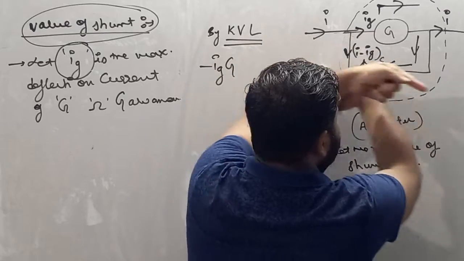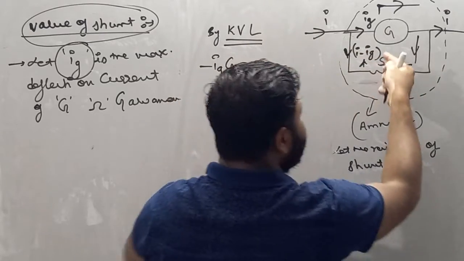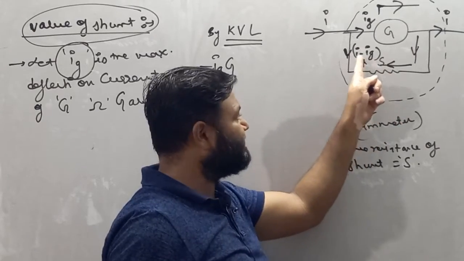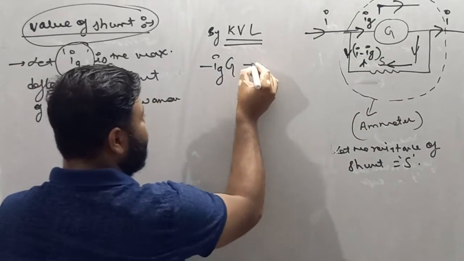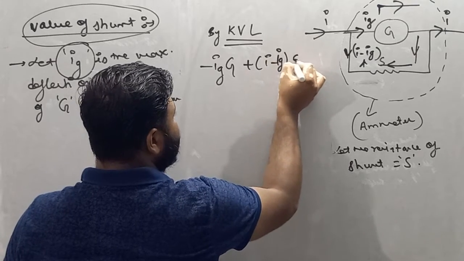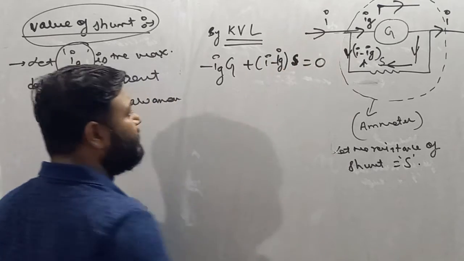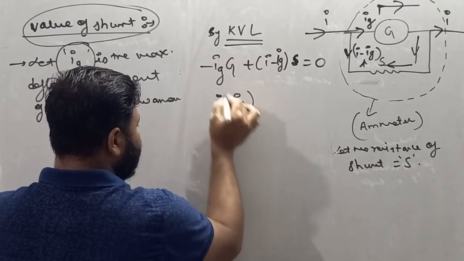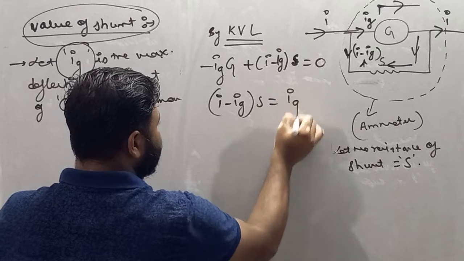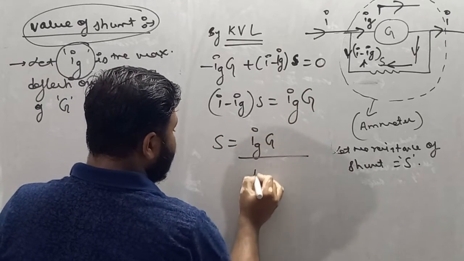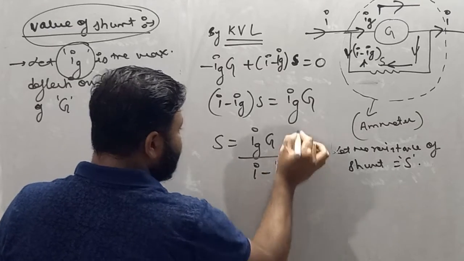Then my direction and current direction are opposite. The current flowing in the shunt, whose resistance is S, is I minus Ig. So I'll write plus (I minus Ig) into S equals 0. Take negative this side: (I minus Ig) into S equals IgG. So S becomes equal to IgG upon (I minus Ig).